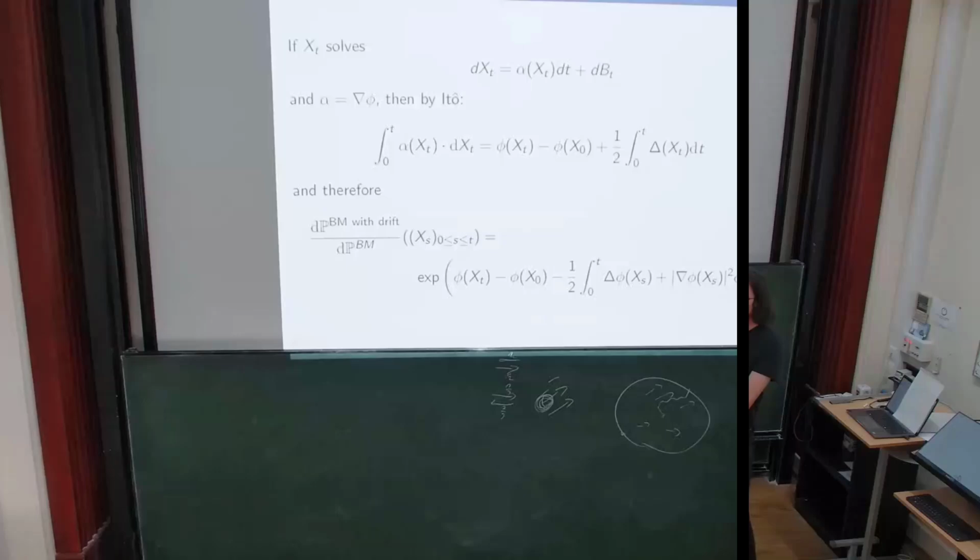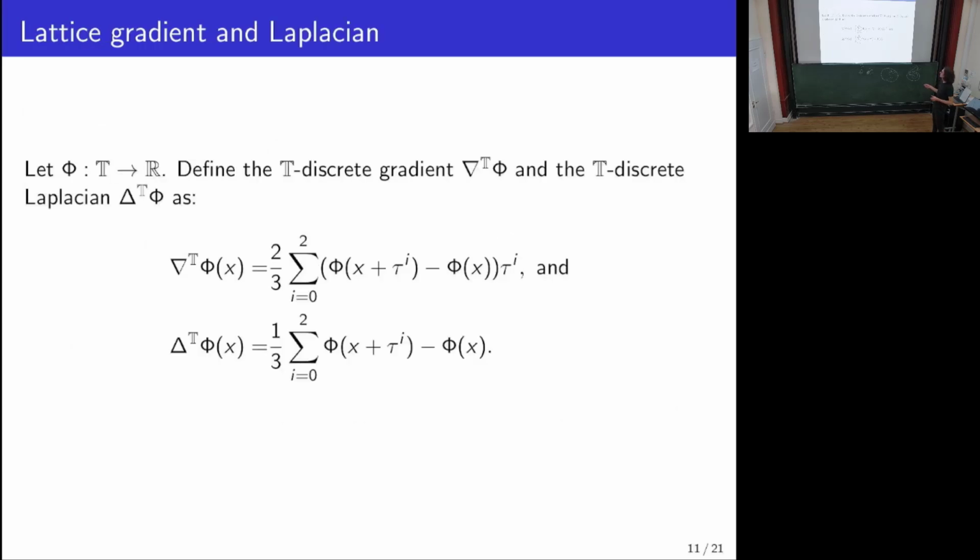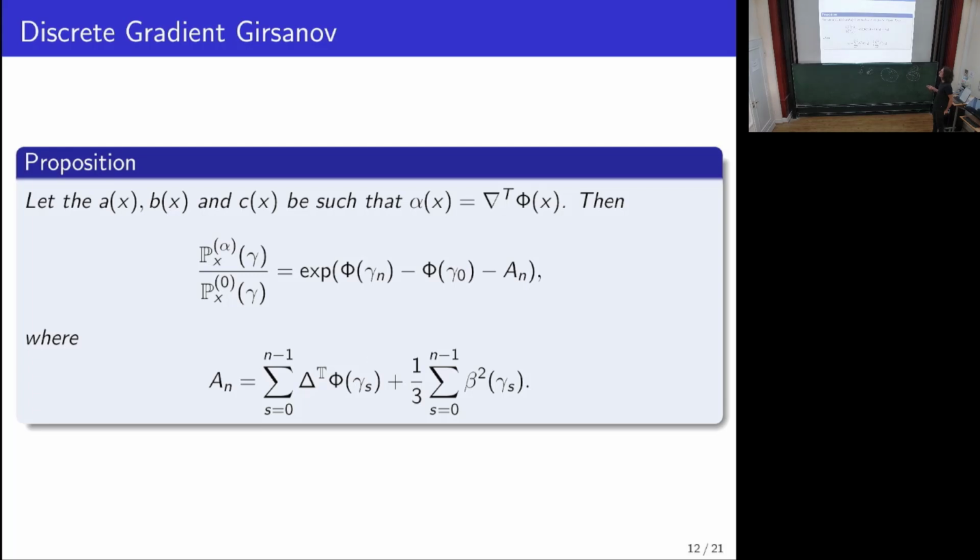And so doing this in the discrete is actually one of the reasons why we are on this funky directed triangular lattice. Because when we define the natural analogs of a gradient and a Laplacian on this triangular lattice, we can find that here it will be a discrete path.